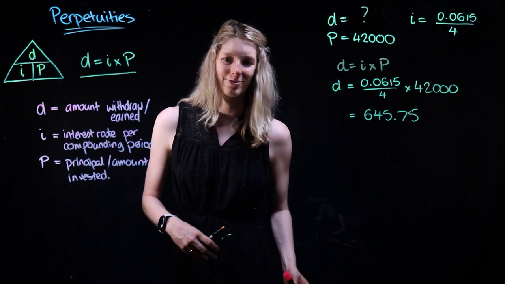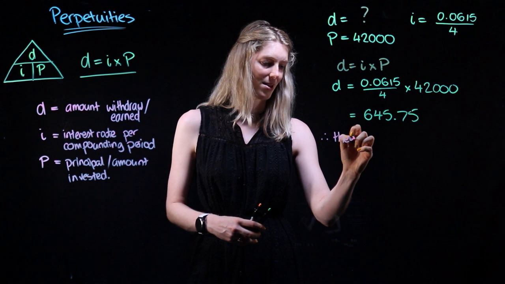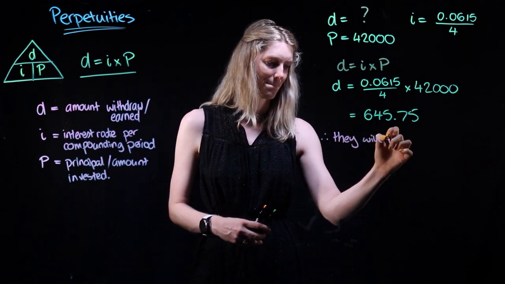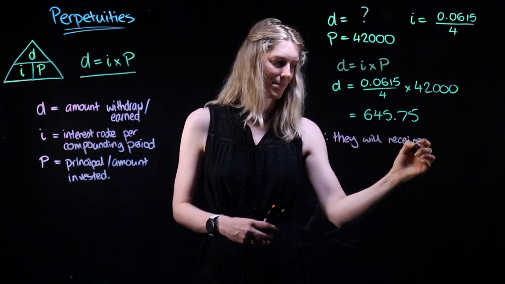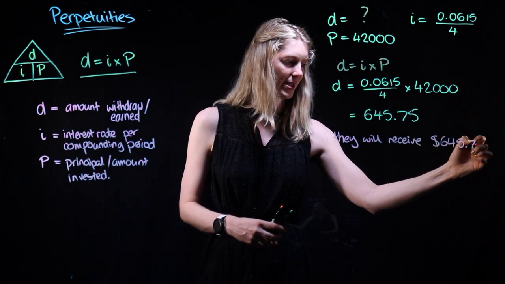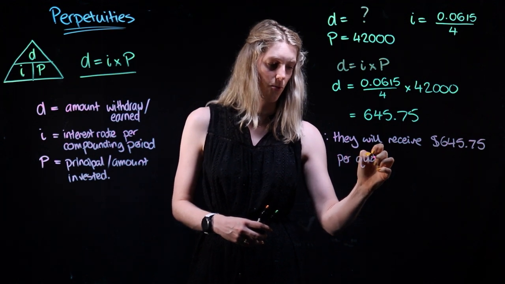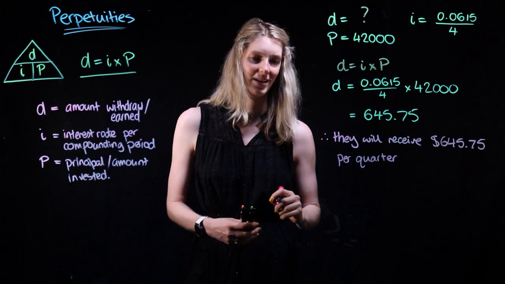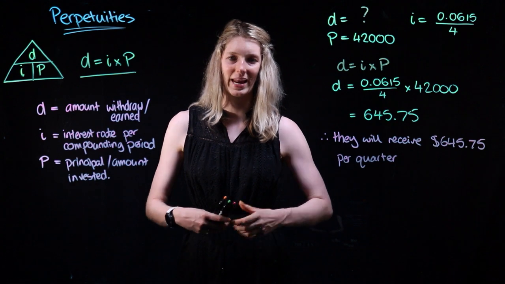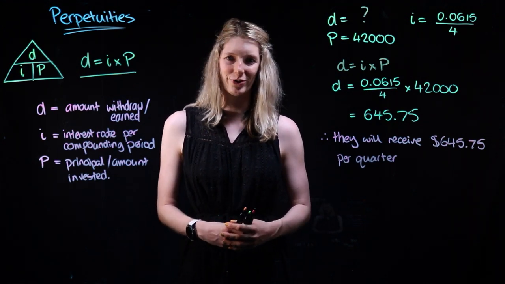So we can say overall for this problem that they will receive $645.75 per quarter. And that is how we would calculate our unknown payment amount, or D, when working with the perpetuity formula.